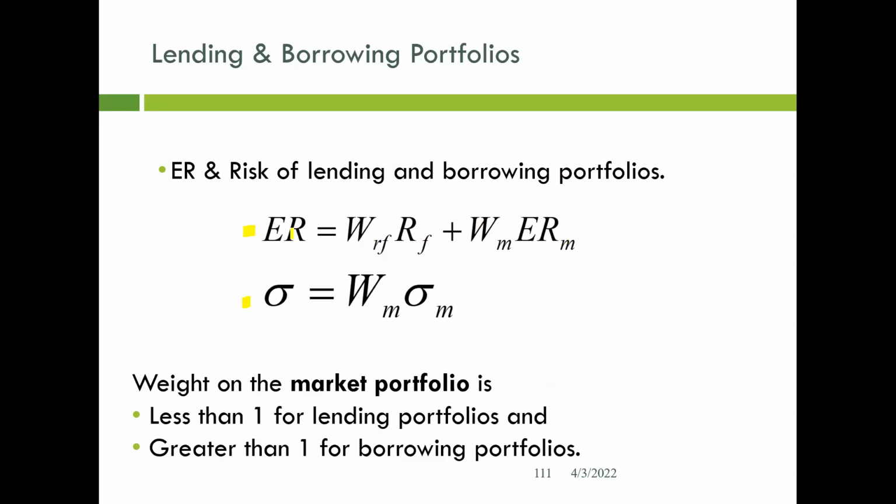So that is the weighted average. Then when it comes to risk, the risk of the risk-free investment is zero, no? It is zero. So therefore, simply the risk of the lending and borrowing portfolio is equal to the weight times the risk of the market portfolio, or the standard deviation of the market portfolio.